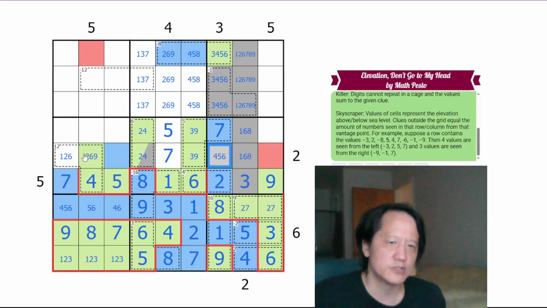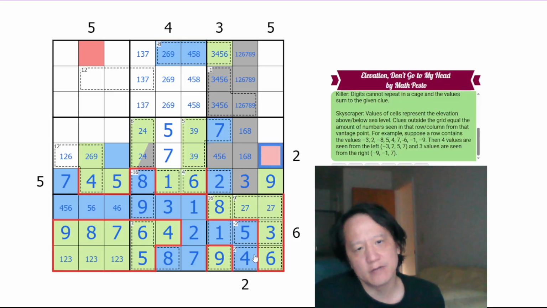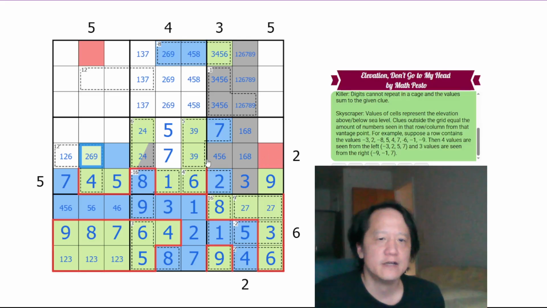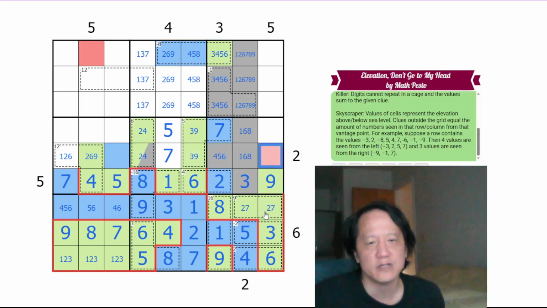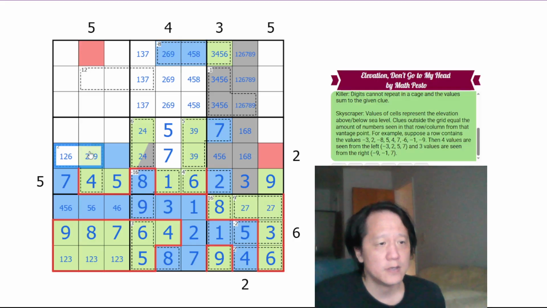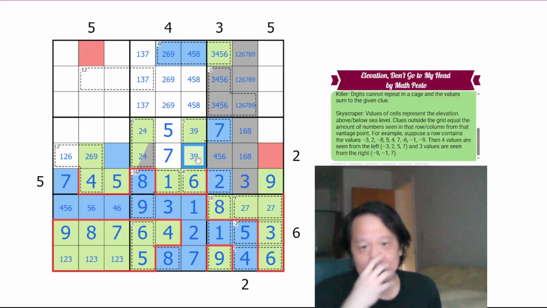This 2, 6, that would force this to be 5. That is interesting. I think that means this has to be land. Right? Because if this is 9, it has to see this cell only and none of these cells. And these are positive values. So this has to be a land there. If this is 2, 6 as a pair, it's not going to see that. So therefore, it's going to have to be blocked before then. It could be that that's 9.